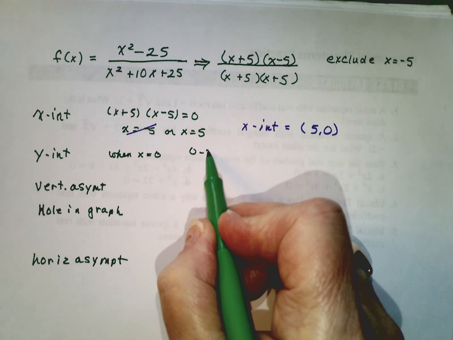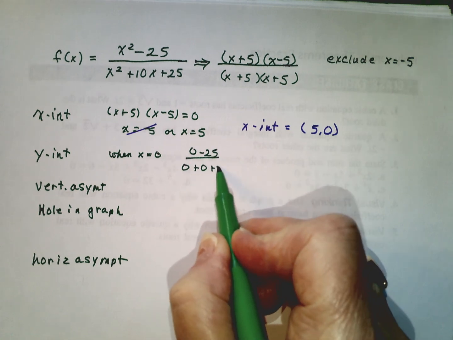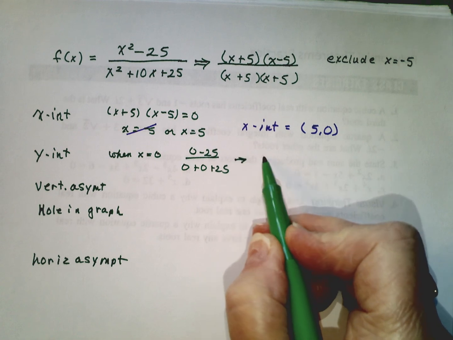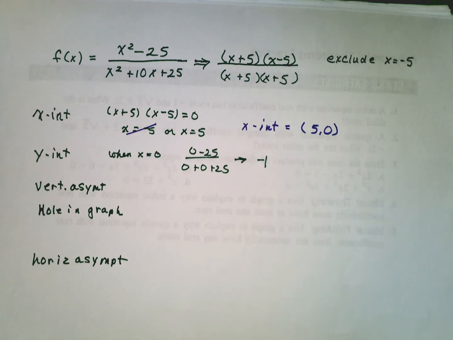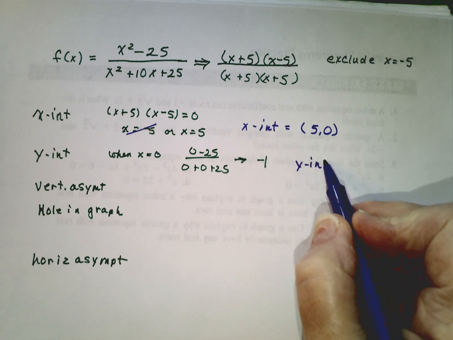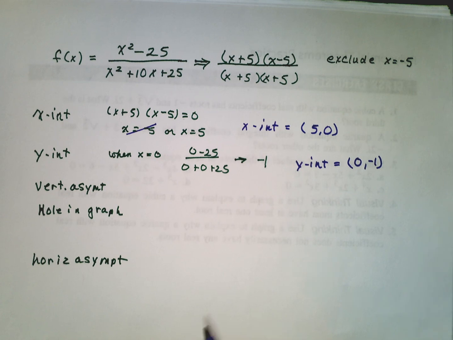We'd have 0 minus 25 over 0 plus 0 plus 25. So that just comes out to -1, which makes the y-intercept the point (0, -1).